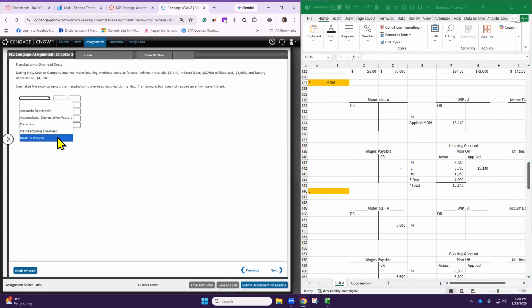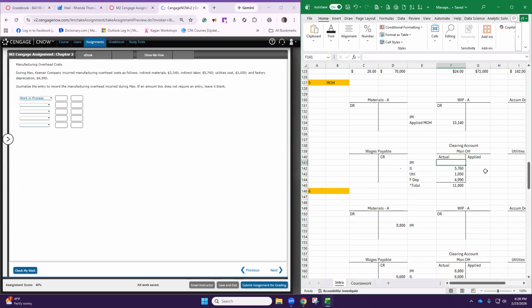They want a debit to work in process. Okay, that's fine. So hang on just a minute. We're actually going to put them on the other side so that we know how much they come to. So let me do this again.